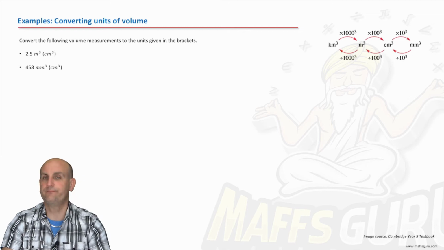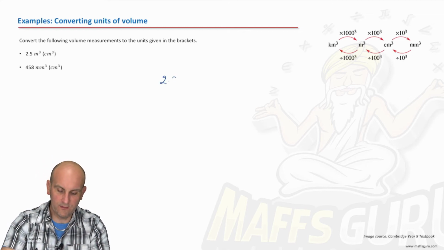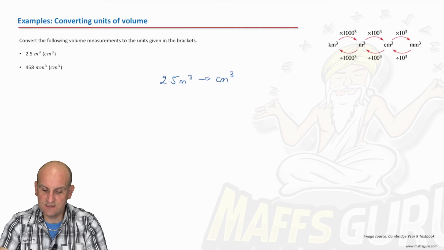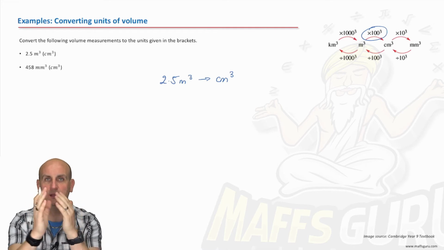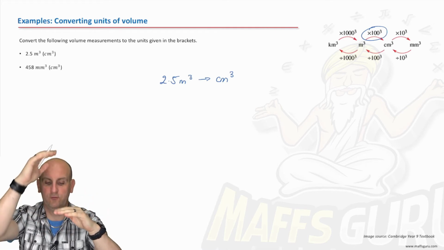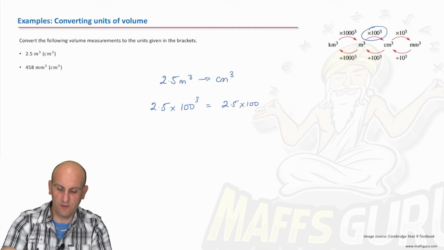All right, so here are some examples. Let's look at this here. I've got 2.5 meters cubed into centimeters cubed. What does it tell me to do? Well, there are 100 centimeters in a meter, so I'm going to times by 100 that way, 100 that way, and 100 that way. So I'm going to do 2.5 times 100 to the power of 3, which is the same as 2.5 times 100 times 100 times 100.